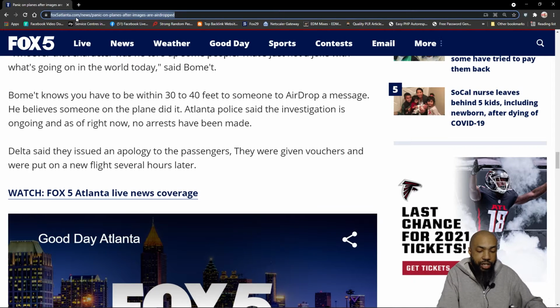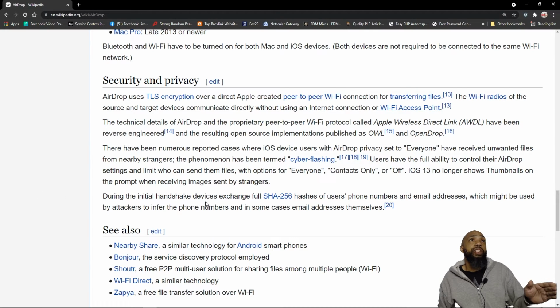It's great technology and it comes in handy for certain things, but if you receive uninvited data, it could be a threat to security. During the initial handshake, devices exchange full SHA 256 hashes of user phone numbers and email addresses, which might be used by attackers to infer phone numbers and in some cases email addresses to themselves.